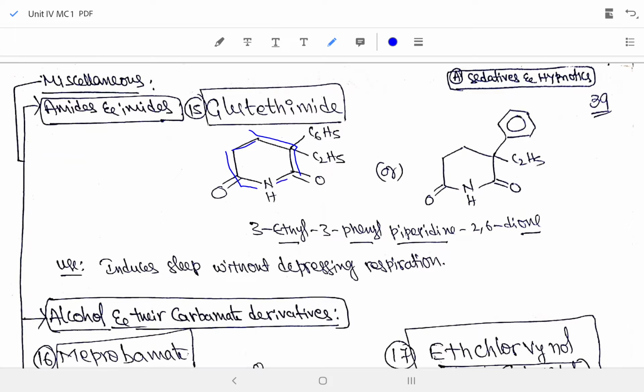What is piperidine? Pyridine, if it is saturated, lacking double bonds, is piperidine. It has C double bond O at the 2,6 positions, and one phenyl group and one ethyl group attached at the third position.